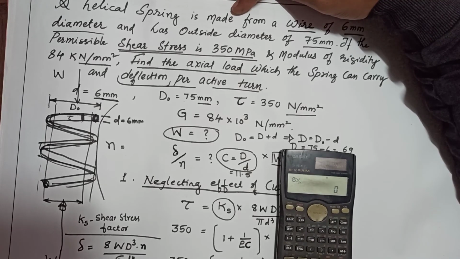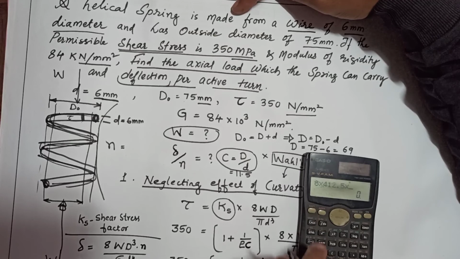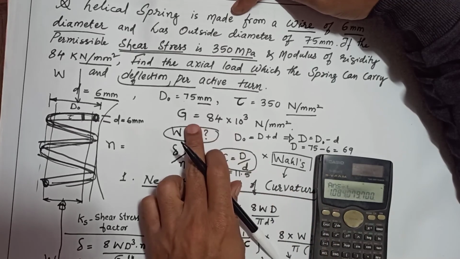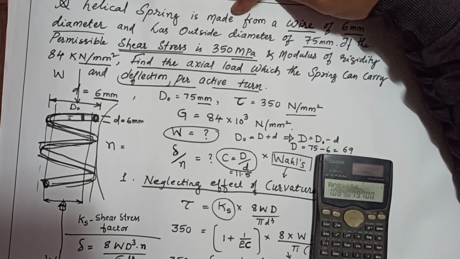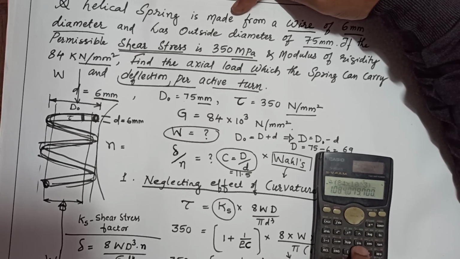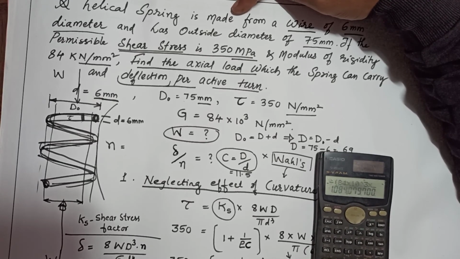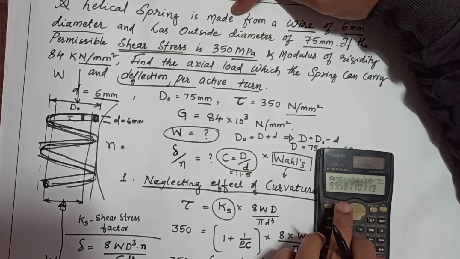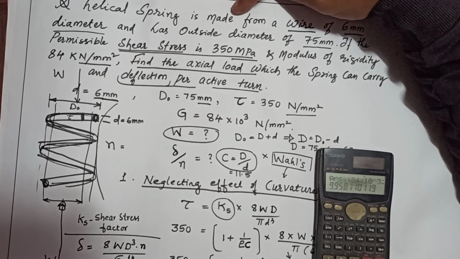8 into W is 412.5 and D value is 69 power of 3 by G value, the modulus of rigidity, that is 84 into 10 power of 3 into 6 power of 4. Okay, so 9.95.